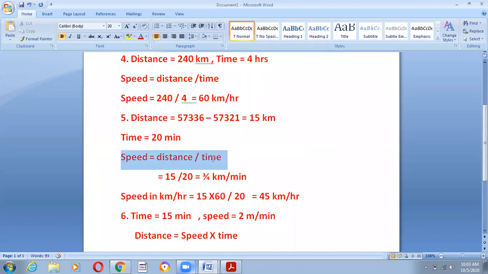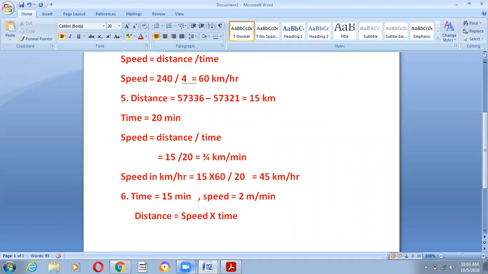This one, speed is equal to distance upon time, but we have to calculate distance. So we multiplied time with speed because we cross multiplied and then we got that relation too. So what will be the distance? Distance is equal to 2 into 15. That will be 30 meters.